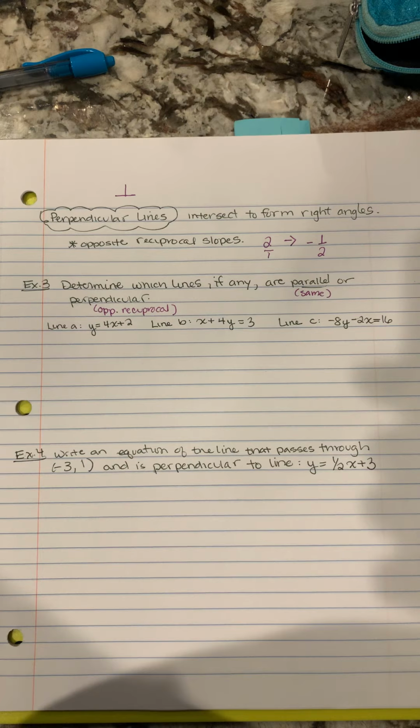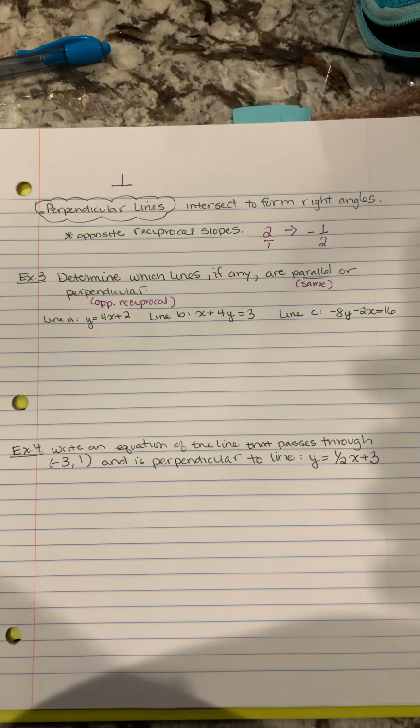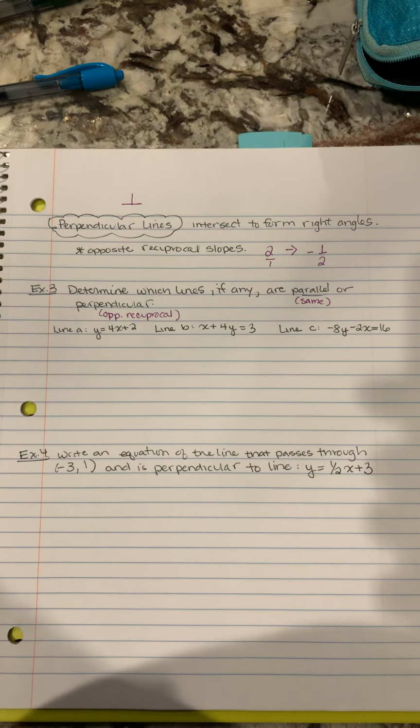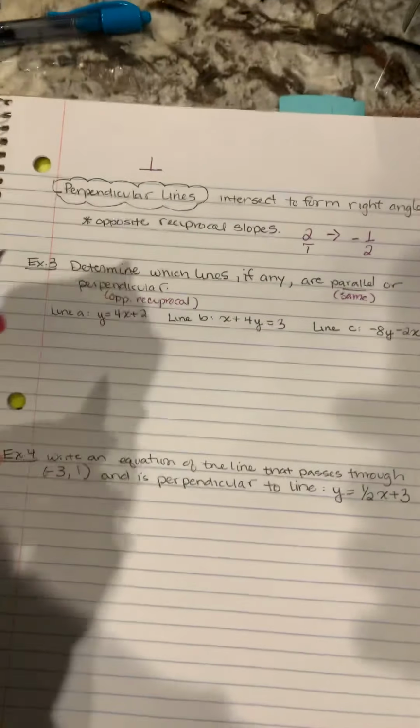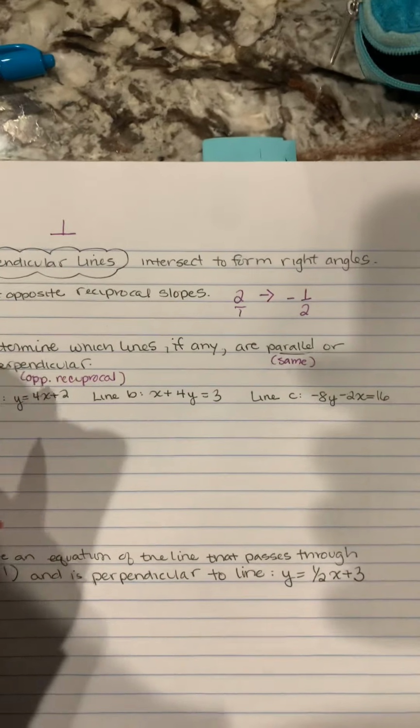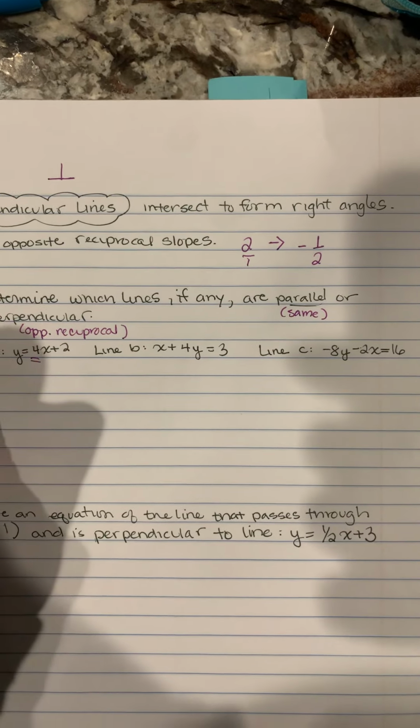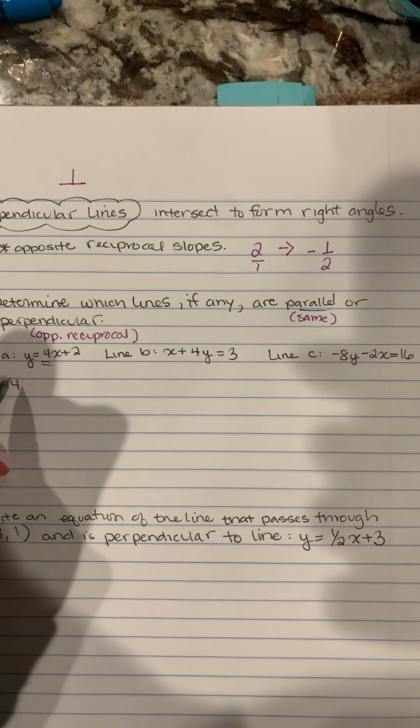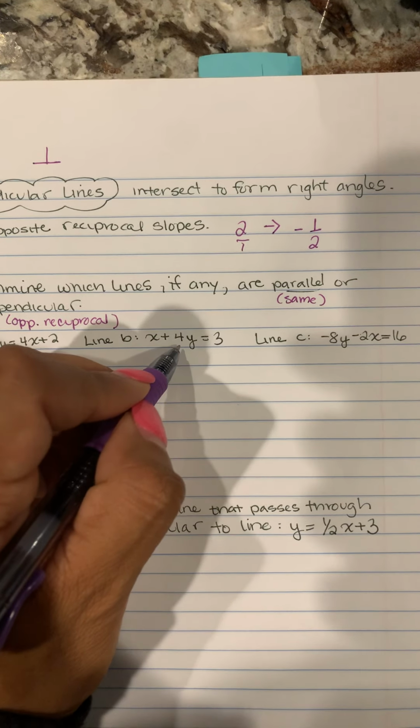So you have line A, line B, and line C. And it looks like line A slope is 4. Line B, we don't know what it is.